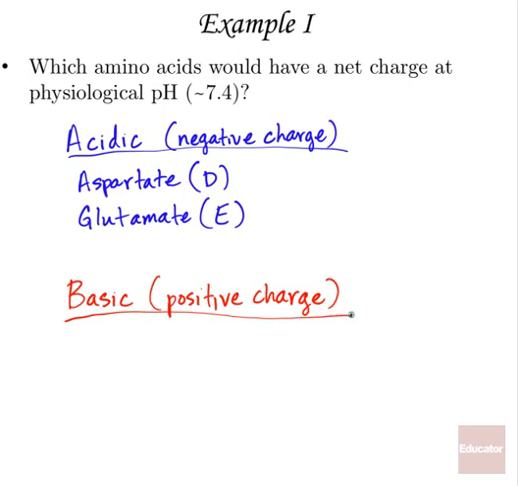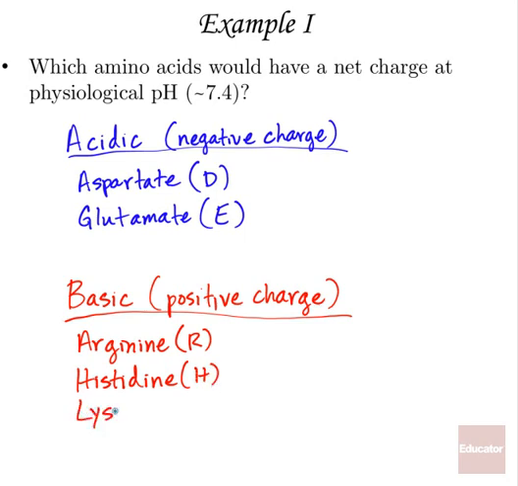We have arginine, that is R. We have histidine, and we have finally lysine, and that's a K. All right, so those are the only 5 amino acids that will have a net charge at physiological pH.